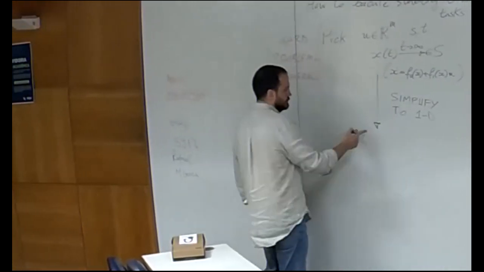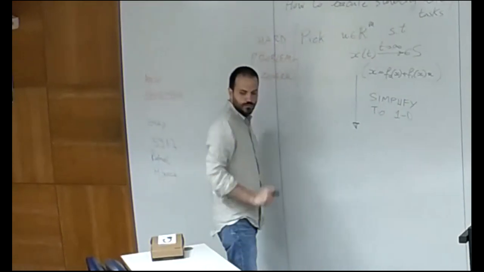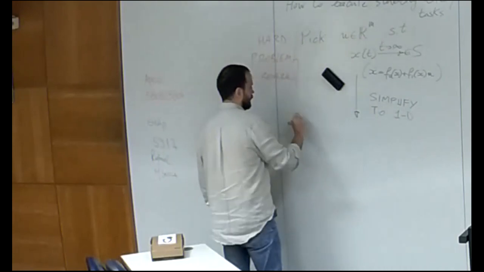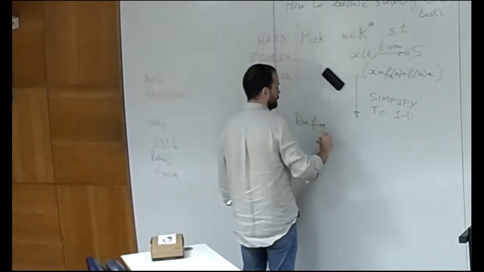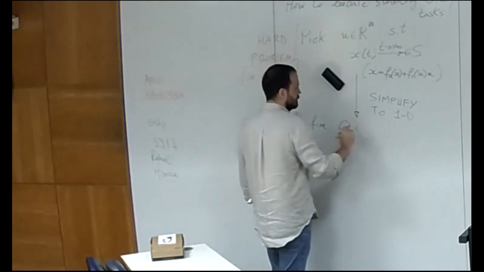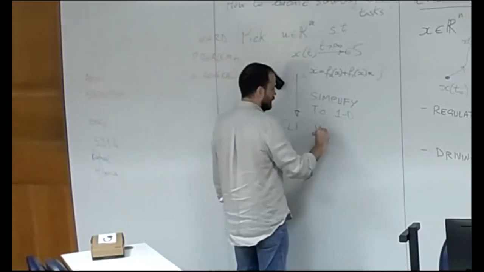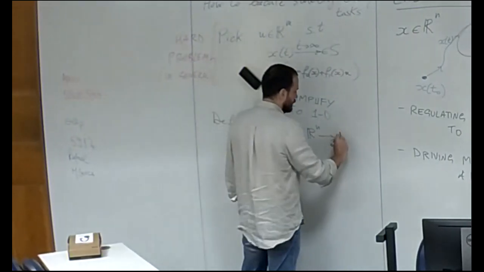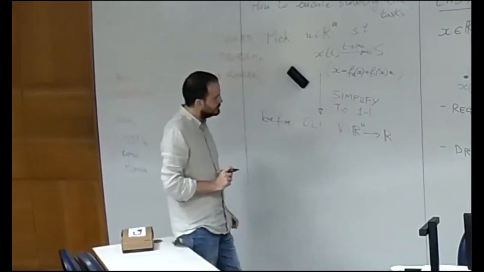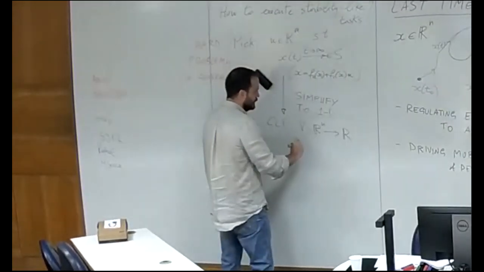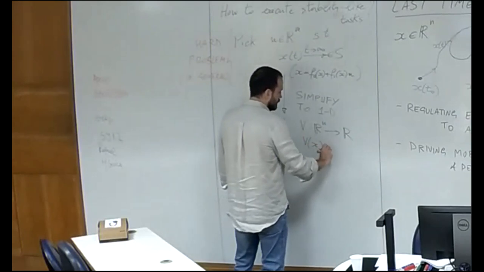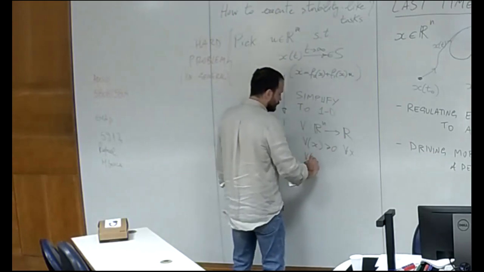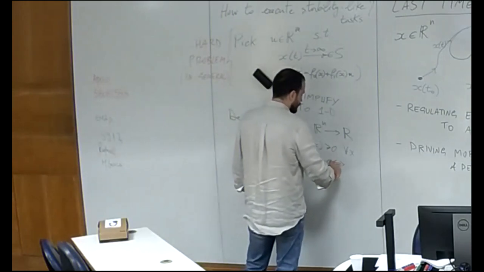We choose, or we try to find anyway, define the control output function V, which takes the state from Rn and maps it to a scalar value in R. In particular, this value is also positive semi-definite, because V is greater than or equal to 0 for all x's. And V of x is equal to 0 if and only if x is the target.